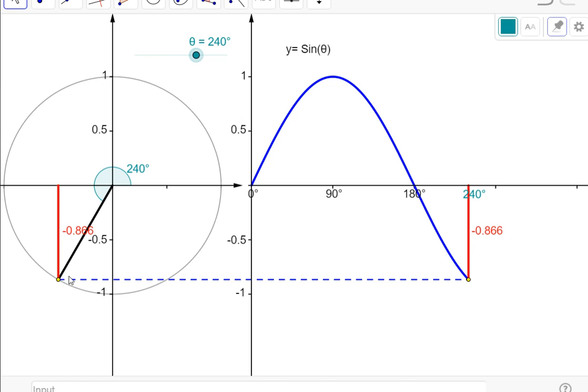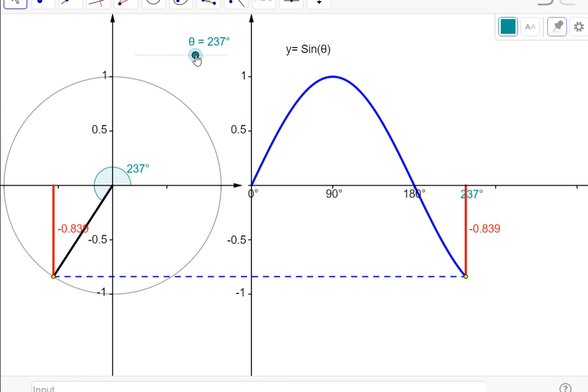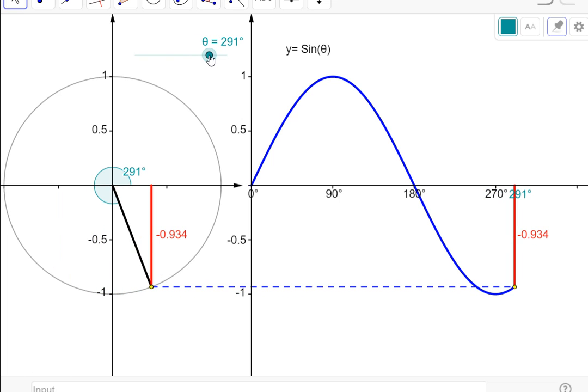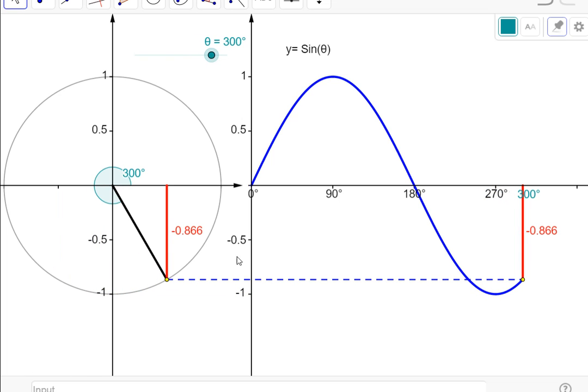So at 240 degrees, I'm at minus 0.866, and I can see that I have gone down. I'm now underneath the x-axis, and I now have a negative y output. If I go around again so that I'm 60 degrees down from the positive x-axis, 60 degrees less than 360 would be 300, I'm again getting the same y output as I did back here.